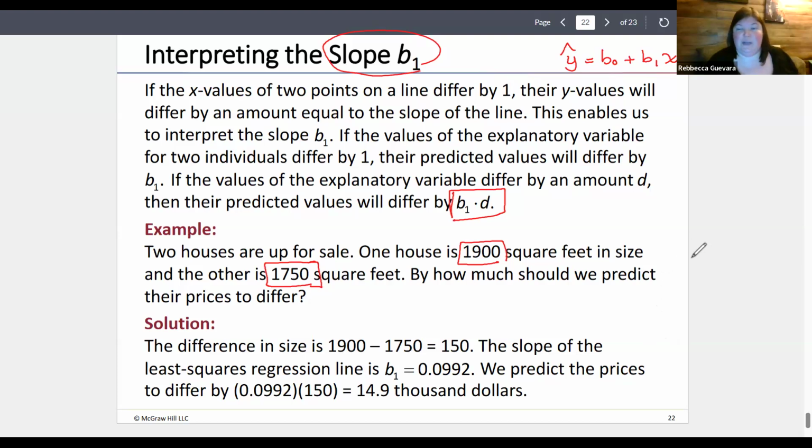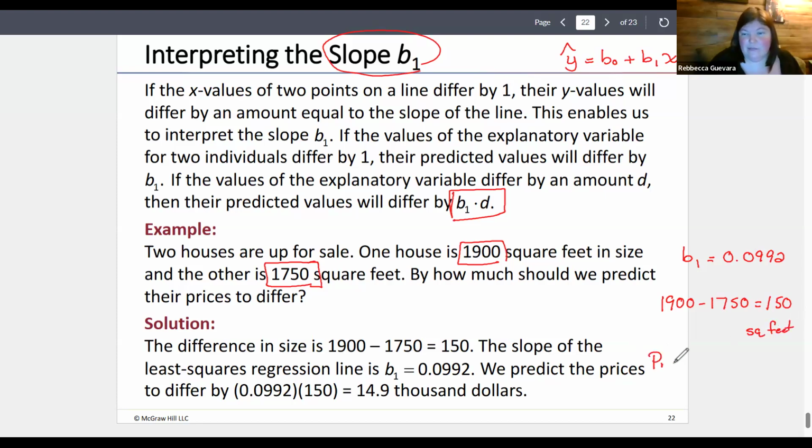So this is when we're talking about that housing data, in which my B1 was 0.0992. Now, the size of these houses differ by 150 square feet.